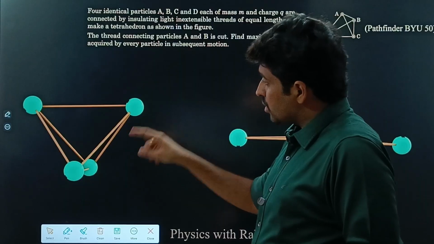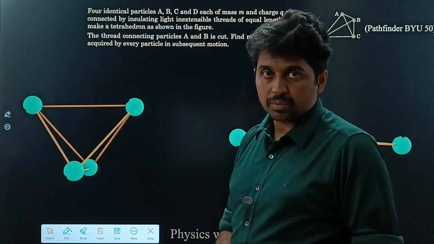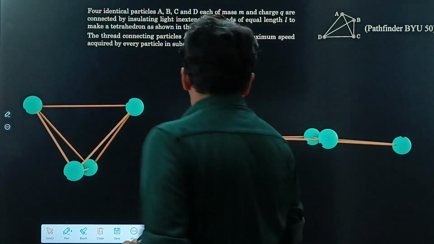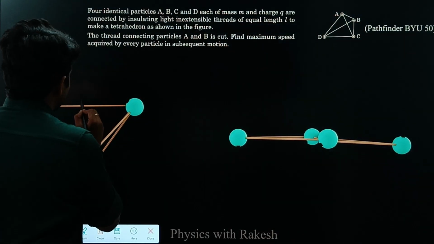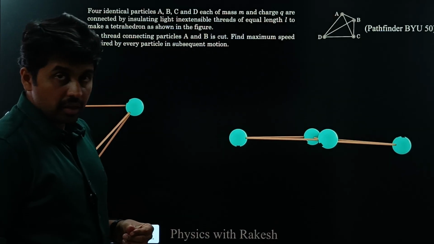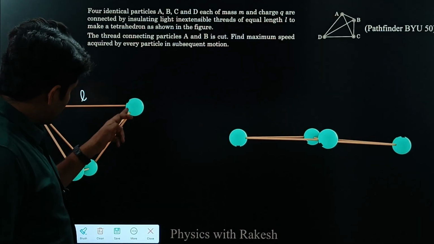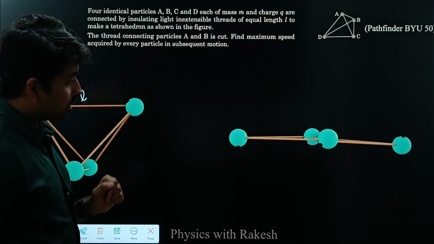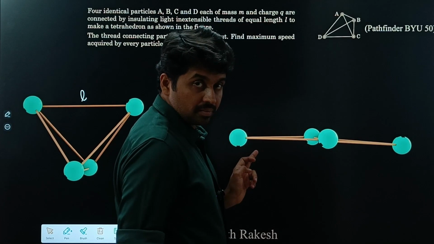We need to take into consideration the potential energy of only these two for our calculation purpose. Initially the thread is of length L, so this is of length L. What are the sides? If it's a regular tetrahedron, all sides will be of length L. So now this triangle will be of side length L.